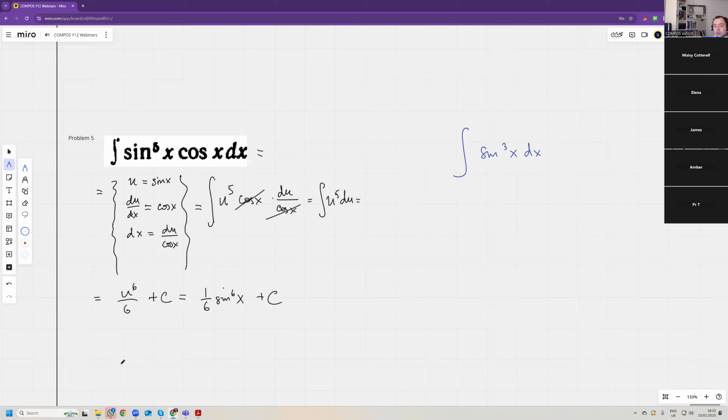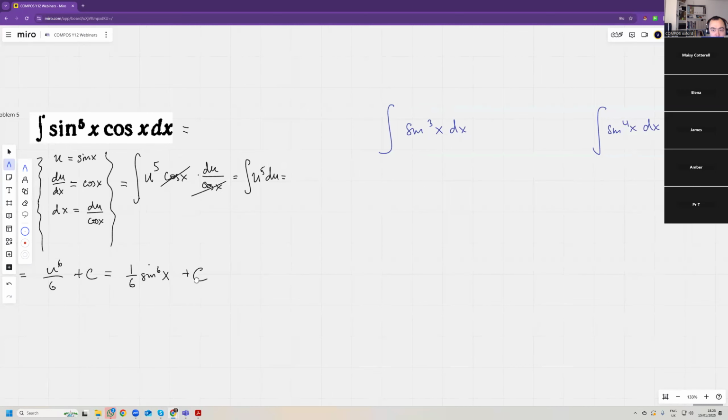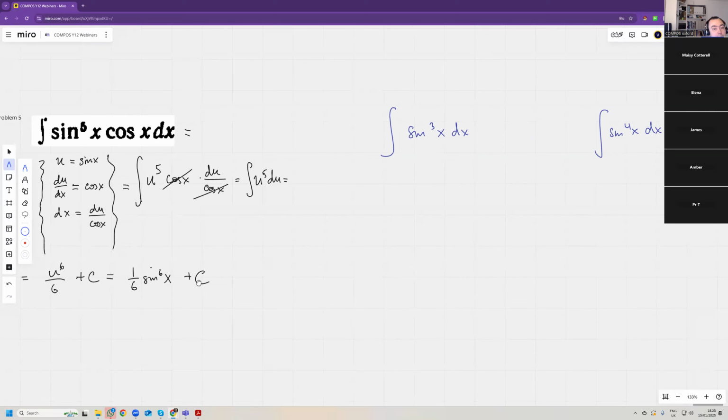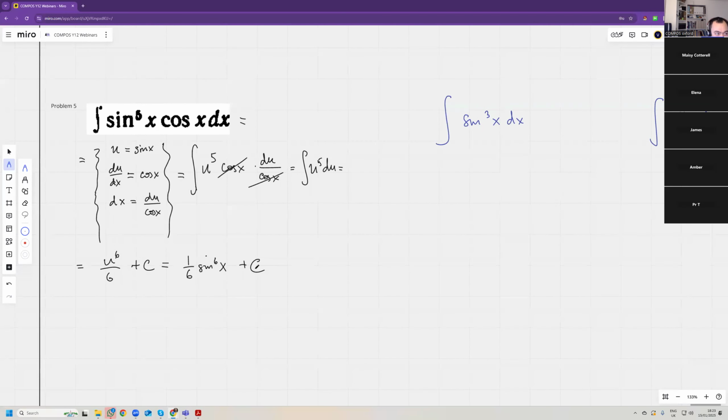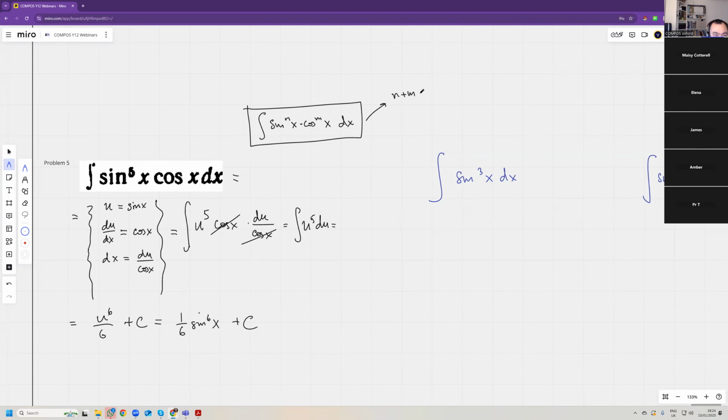So the rule is, if you have an odd power of cosine x, so if you have sine to the power n x cos to the power m x dx, so if you see integrals in this form, and if n plus m is even, you must do a substitution, either u equals cos x or u equals sine x.